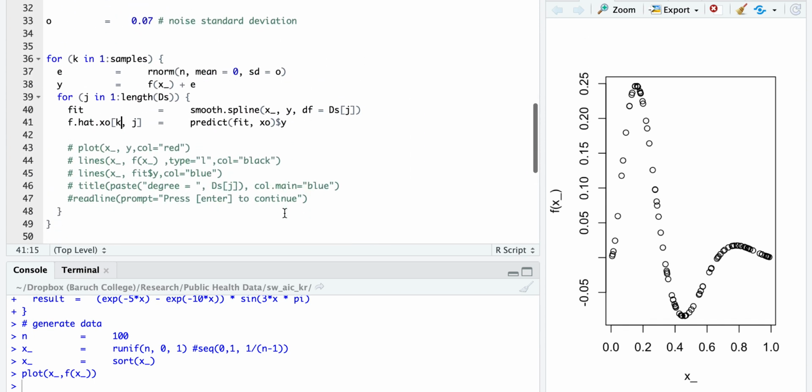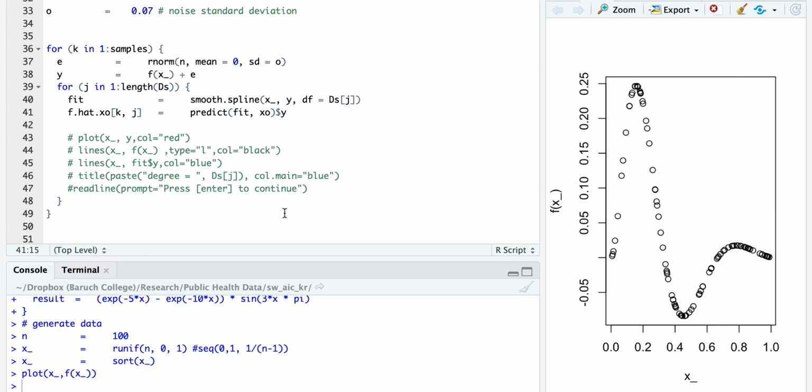Okay, so this is the data generating part.